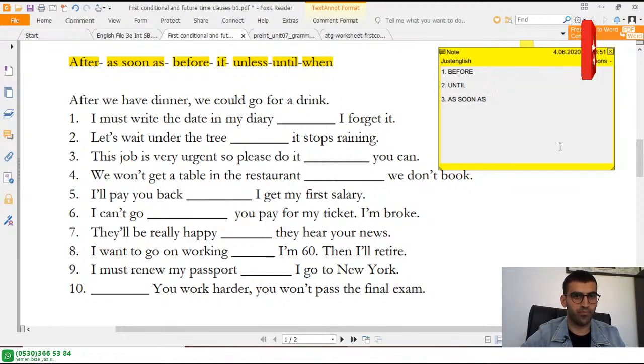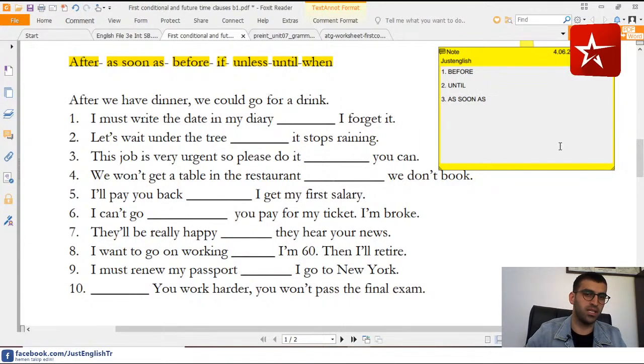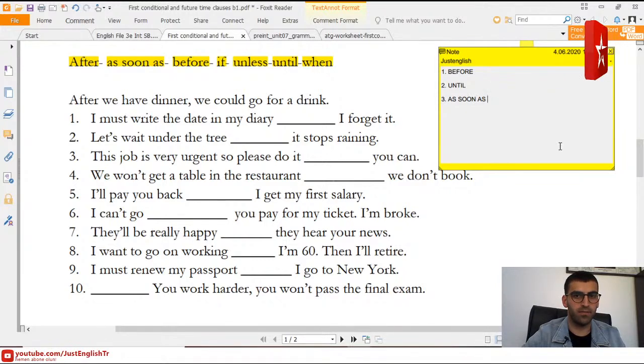Number 4. We won't get a table in the restaurant if we don't book. They say if we don't book, we won't get a table in the restaurant.